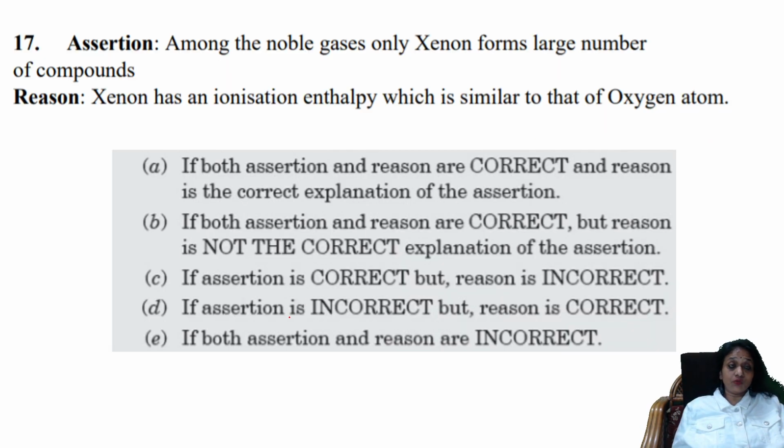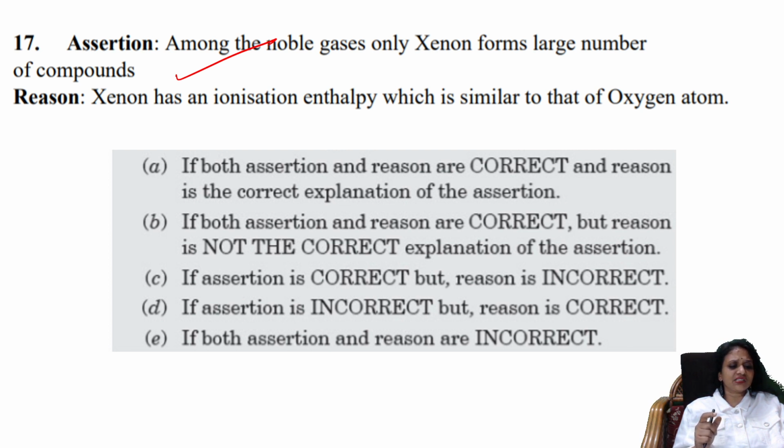Next question. Among the noble gases, only xenon forms a large number of compounds, and xenon's ionization enthalpy is similar to that of oxygen. Among noble gases, yes, the assertion is right. But the ionization enthalpy, which is similar to that of oxygen, is almost near actually.